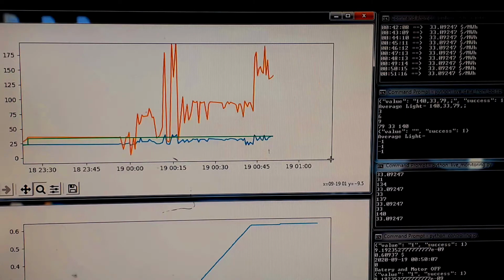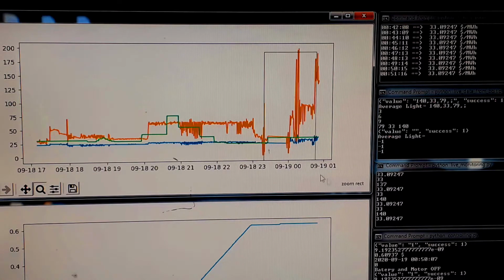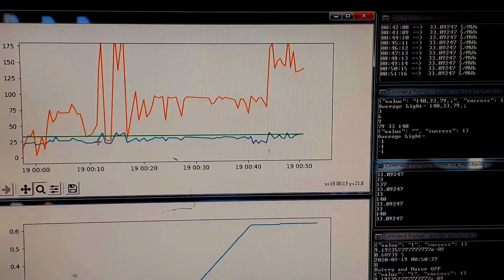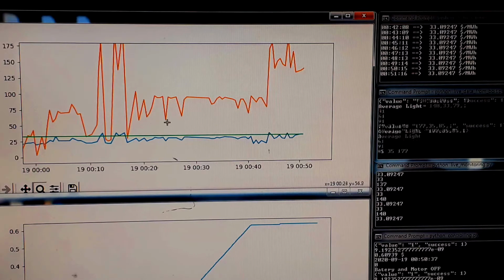If I zoom in over here, this one is the light intensity that the Arduino has sent. The green one is the cost of electricity, and the blue one is the temperature value.